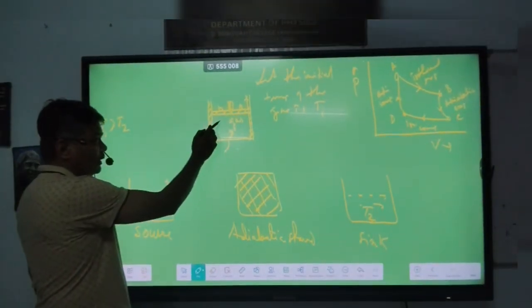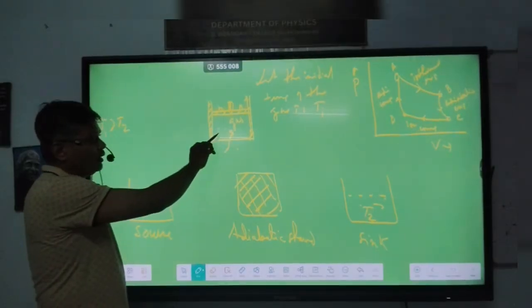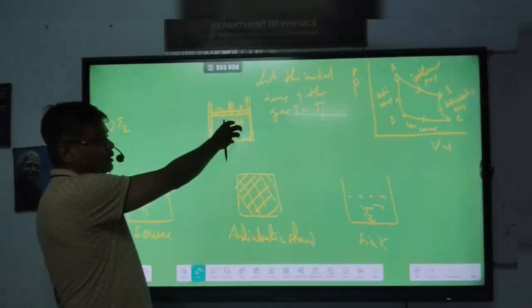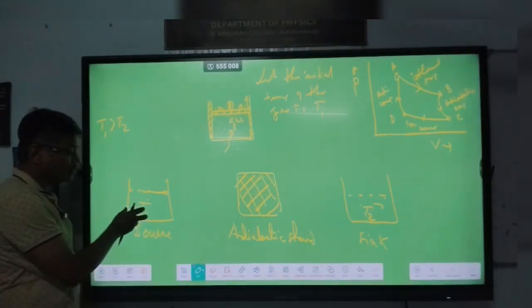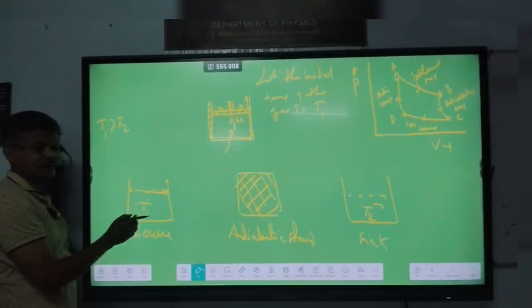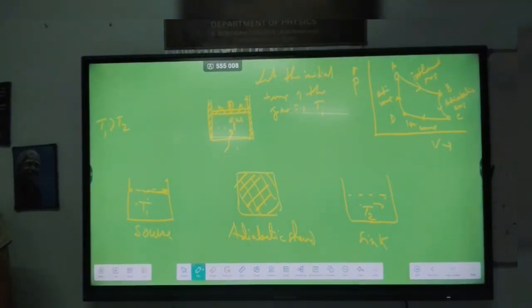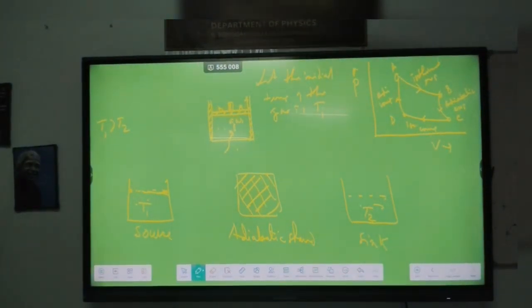But if I add heat to this gas, its temperature will change, and if I extract heat from the gas its temperature will change. That is not happening in the case of the source and sink. This is the property of a reservoir.